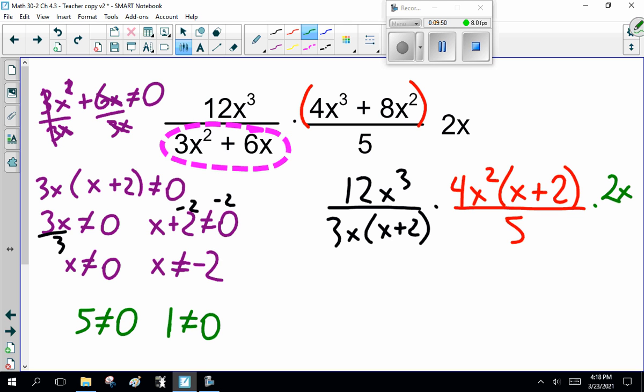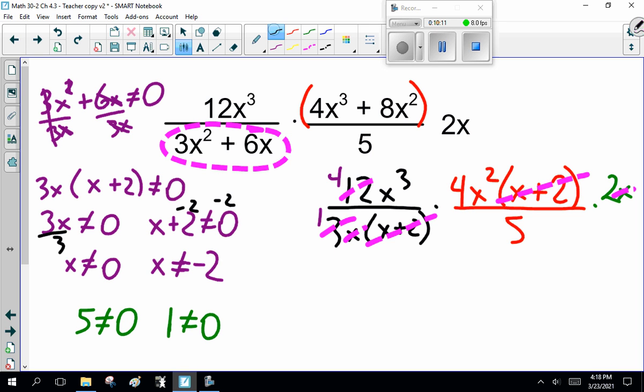Now, what can I cancel out here? Because life is too short. Oh, no! I have an x plus 2, and an x plus 2. I have one x and an x, 3 and 12 is 1 bit.